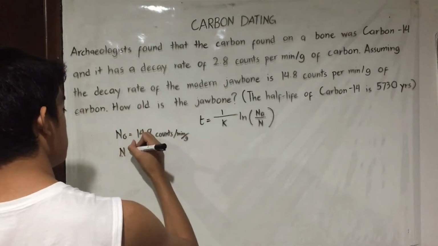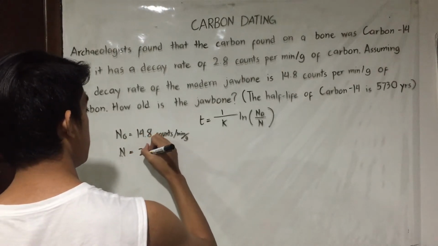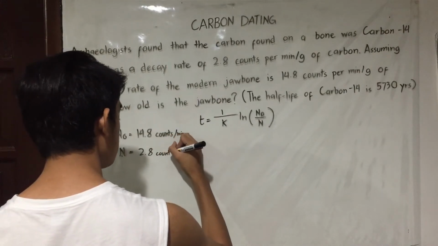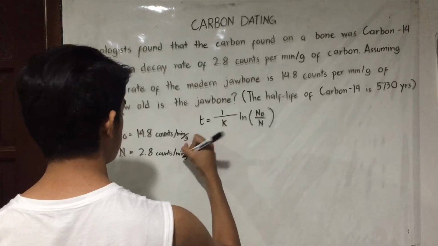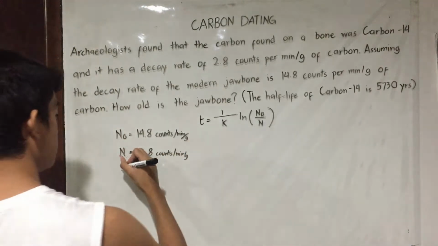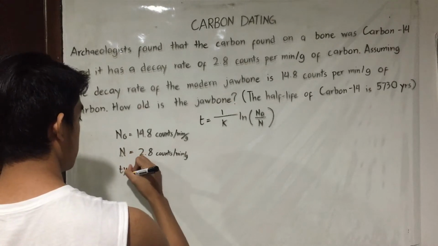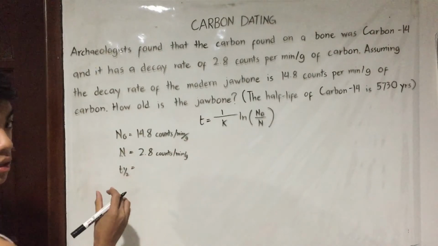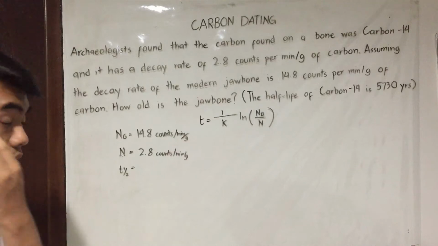N, being the lower decay rate, is 2.8 counts per minute per gram. Half-life, which is T 1/2 time. Half-life is this, the unit for half-life.